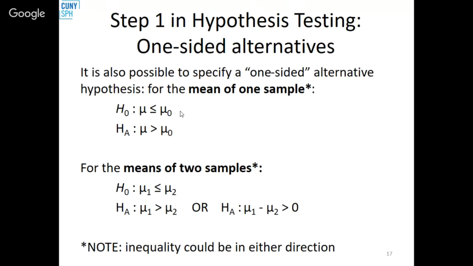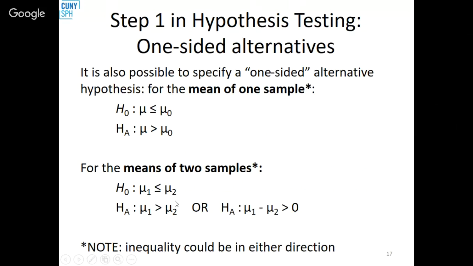So equality is contained in the null hypothesis, but in this one-tailed test, the alternative contains only an inequality, or only a one-sided inequality. So for example, greater than. And something similar for the means of 2 samples.